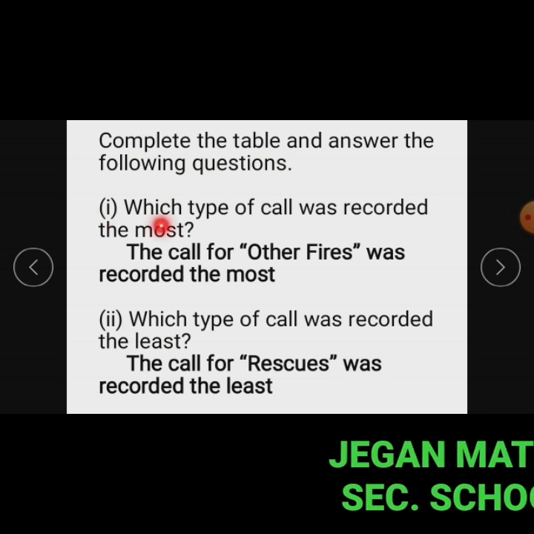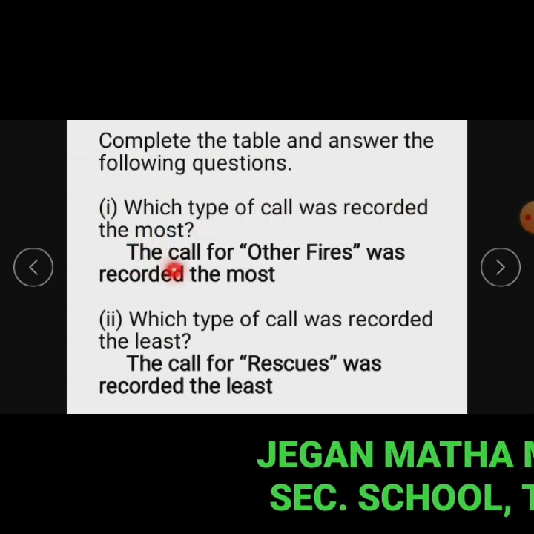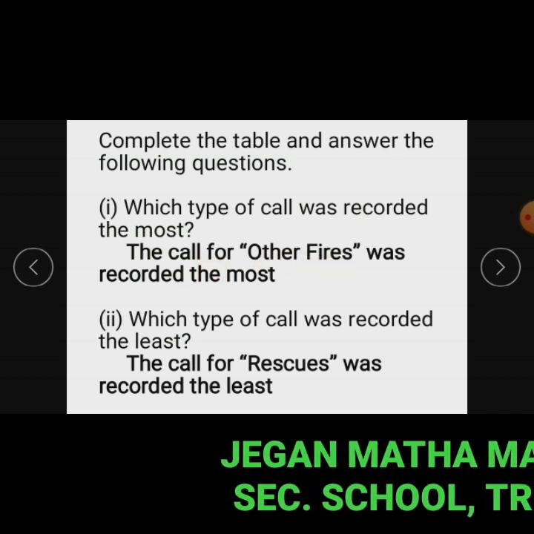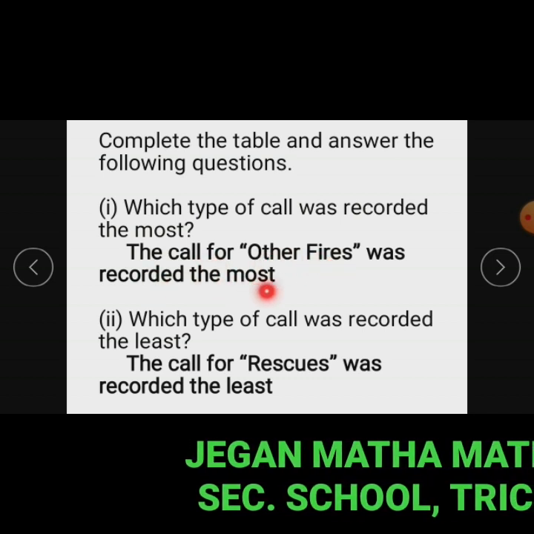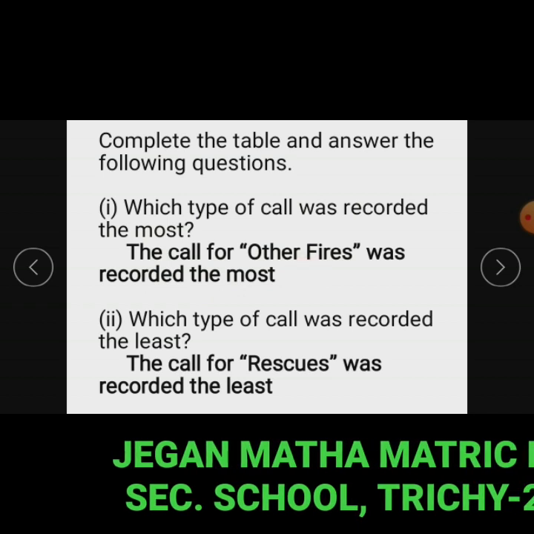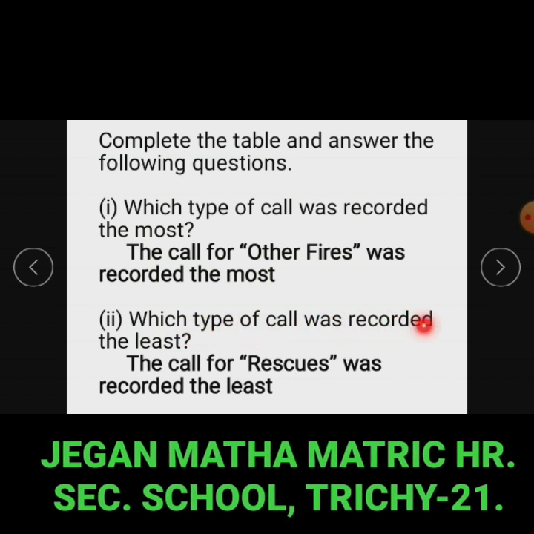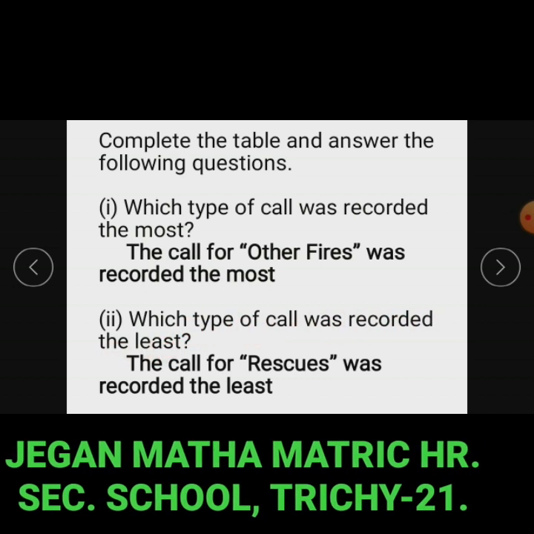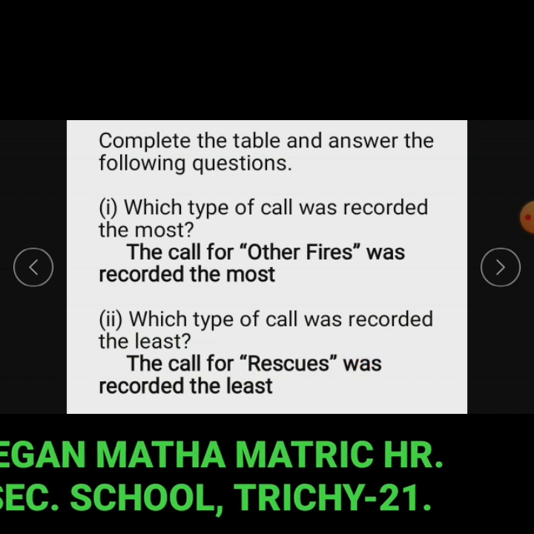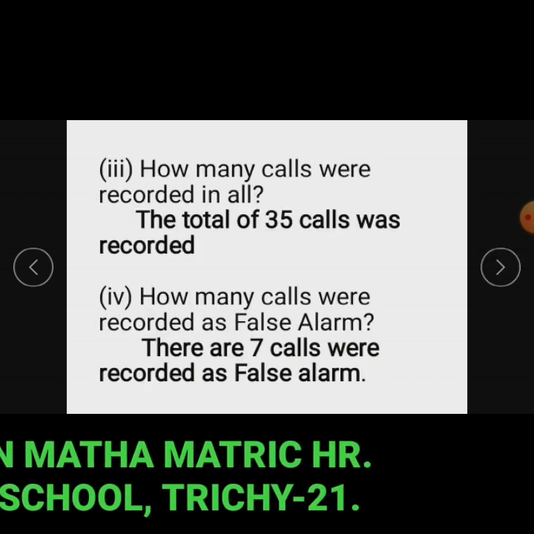Subdivision 1. Which type of call was recorded the most? The call for other fires was recorded the most, 11 calls. Question number 2. Which type of call was recorded the least? The call for rescues was recorded the least, only 4 calls.